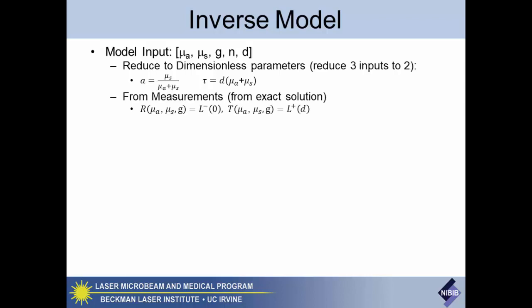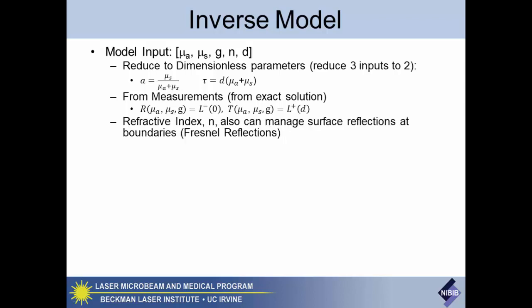So from measurements, you can now go through and say that your reflectance is equivalent to the radiance that you would measure in the backwards direction, and the transmittance is related to the radiance you'd measure through the sample itself. And as I mentioned before, index of refraction can also manage the surface reflections at boundaries.